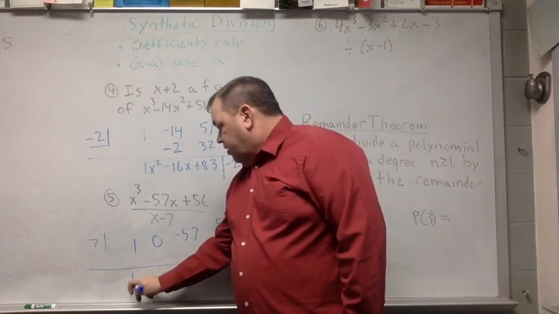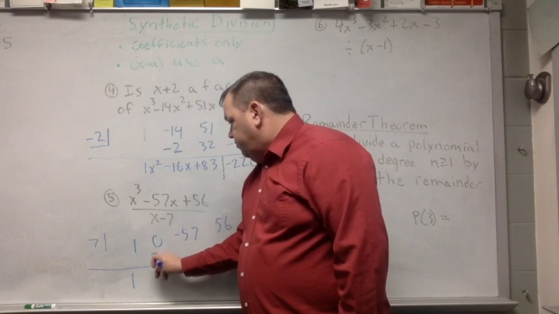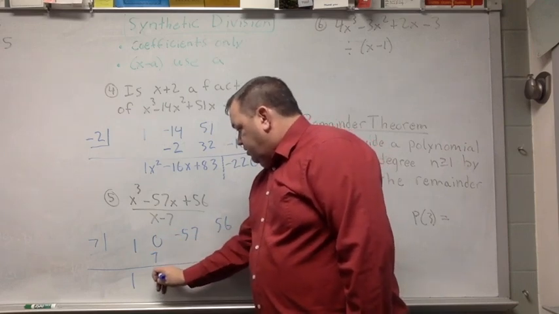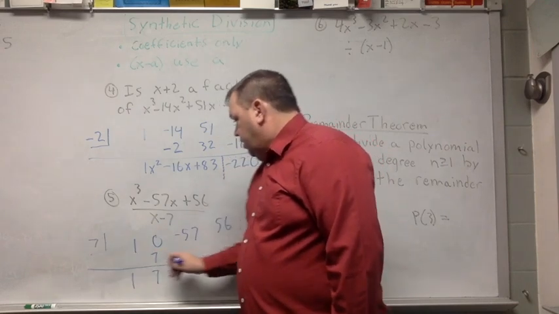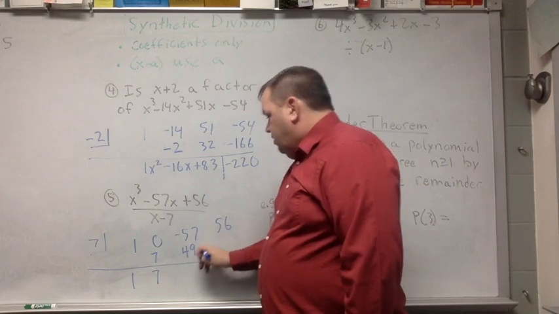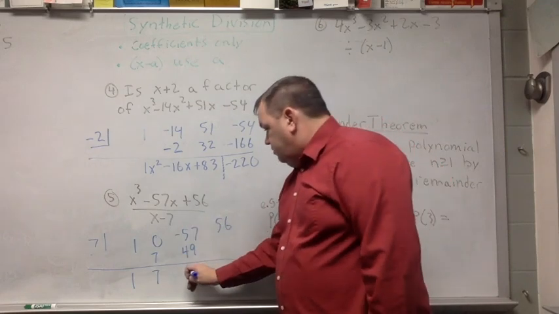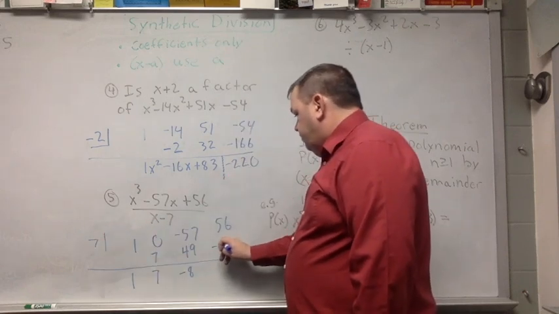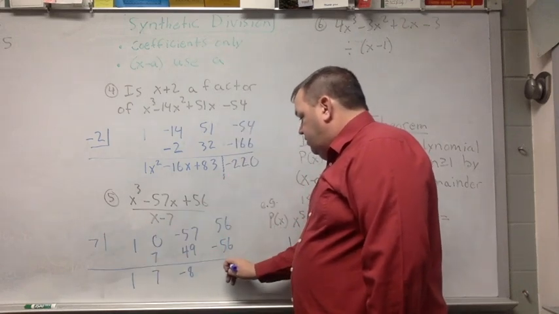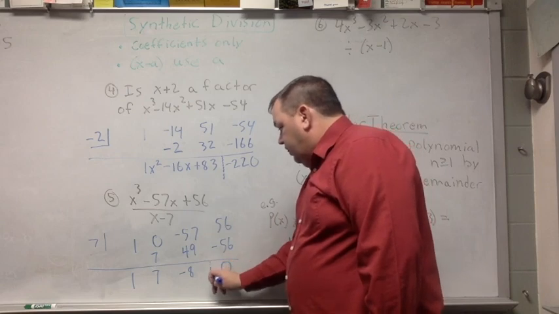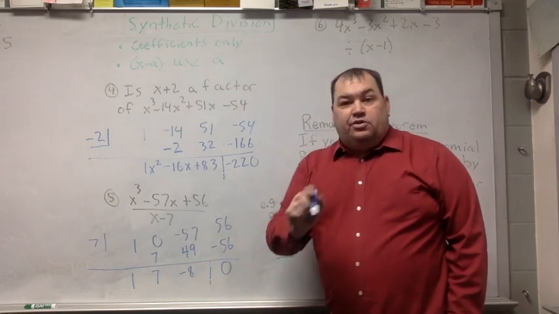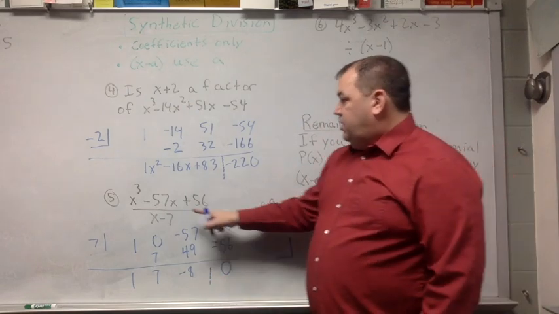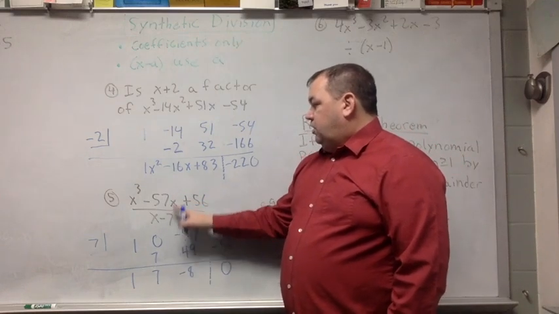Bring the first term down, multiply, add, multiply, add, multiply, and add. That last term is your remainder. So this is a good sign. That tells me that I can divide these two things.